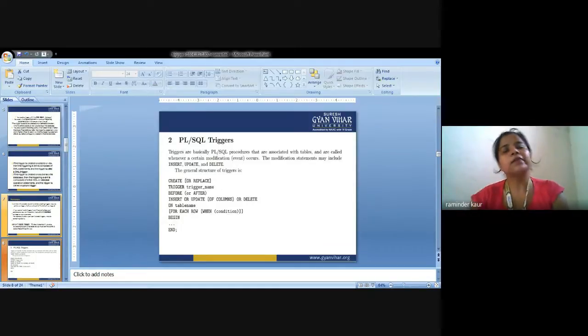So next I am going to discuss the CLR trigger. So what is a CLR trigger basically? It could be either an after trigger or an instead of trigger. A CLR trigger can also be a DDL trigger.